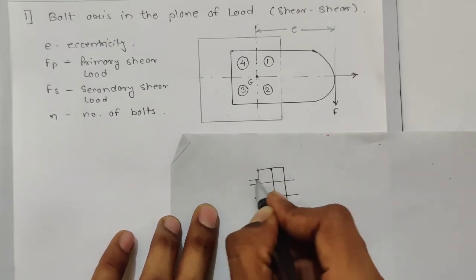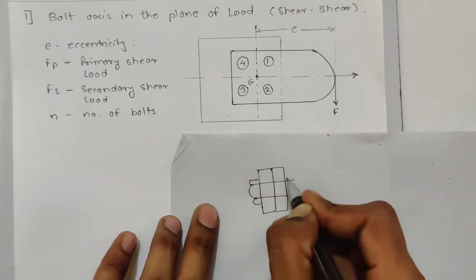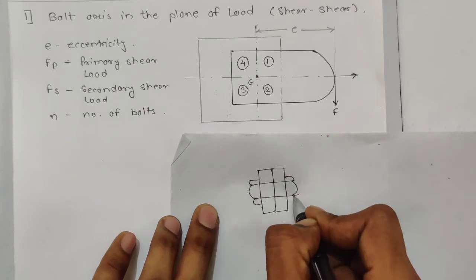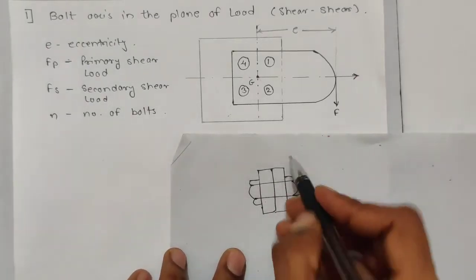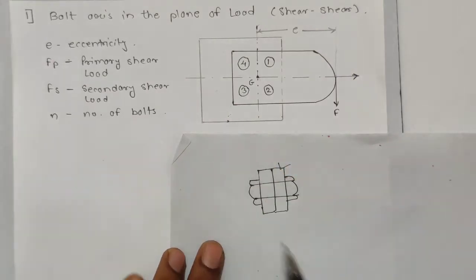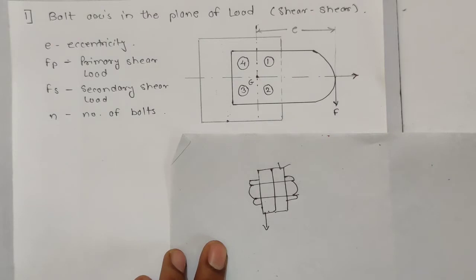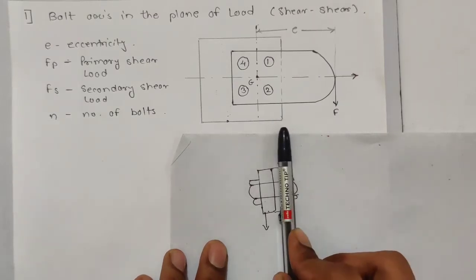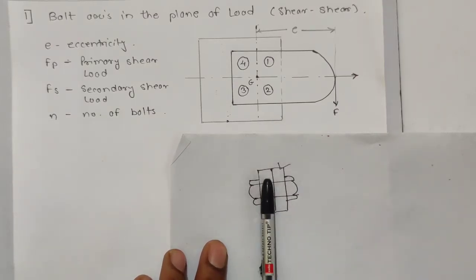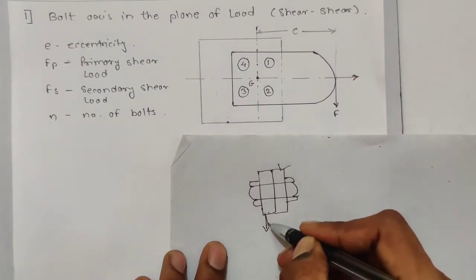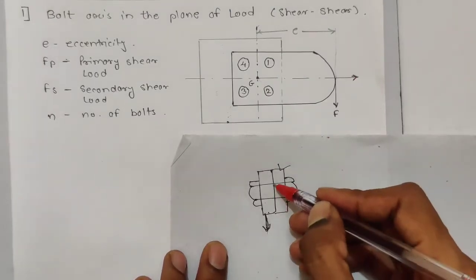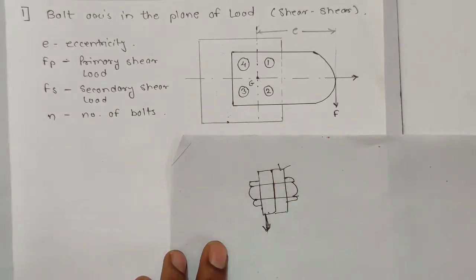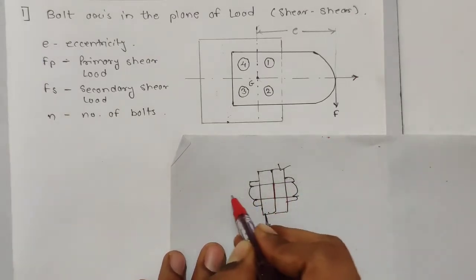This is a bolt. Now this plate is carrying a load. This plate is fixed, and you are just pulling the other plate down. So what will happen is the bolt will break from here. This is the axis of bolt.